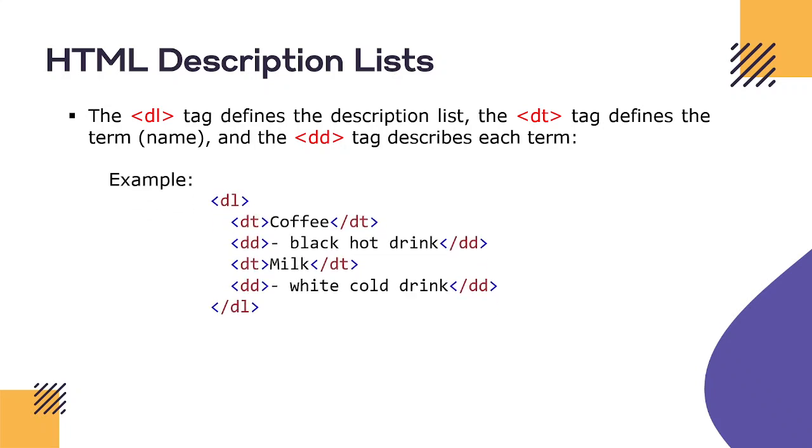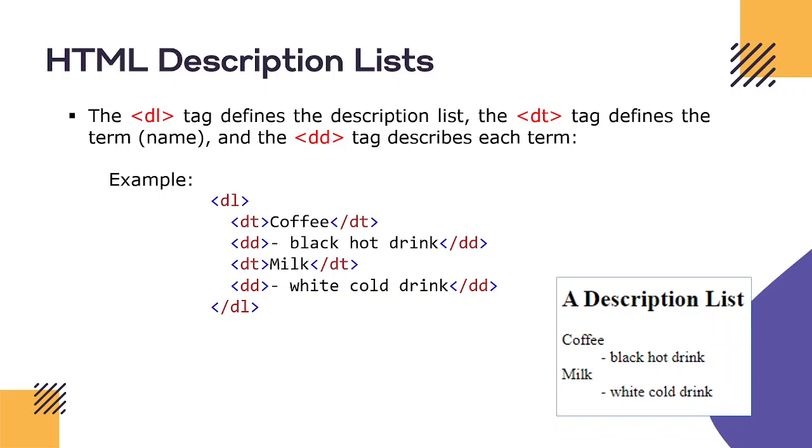Example, dl, then inside the dl is the dt, and inside the dt is the dd, or its data. By the way, this is the output of our code. So coffee and its data. And also this one, the term and its data also.